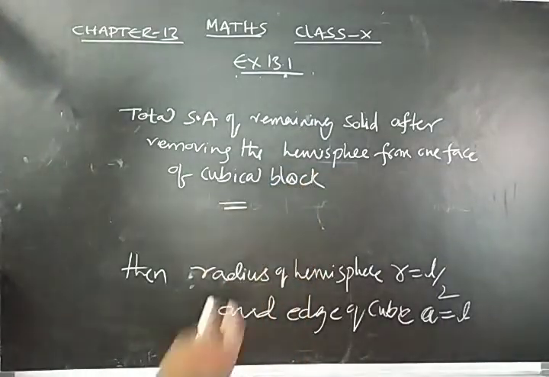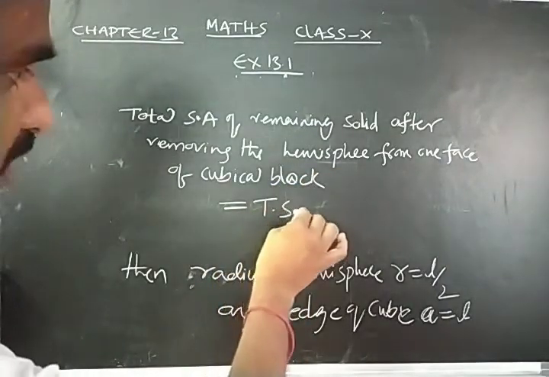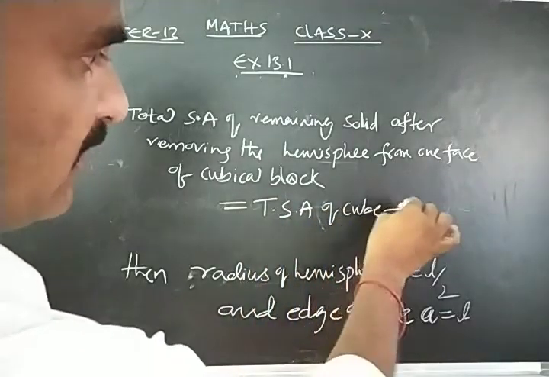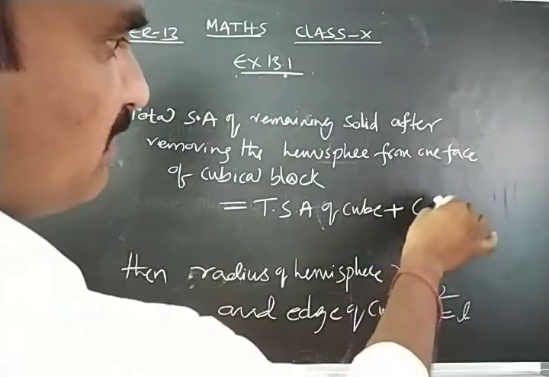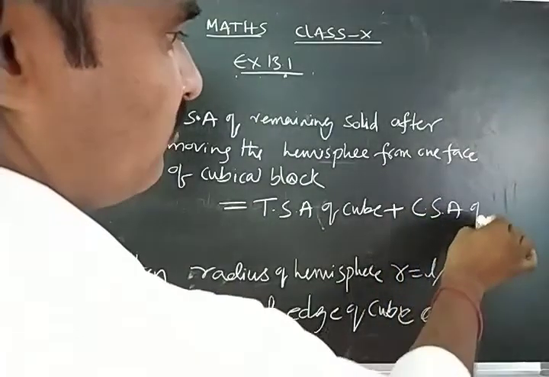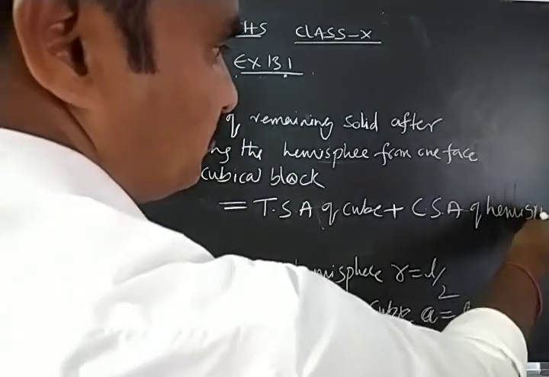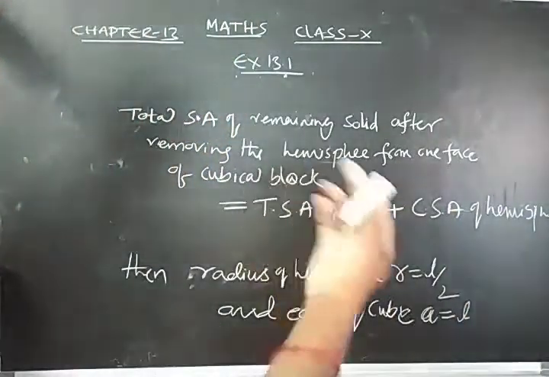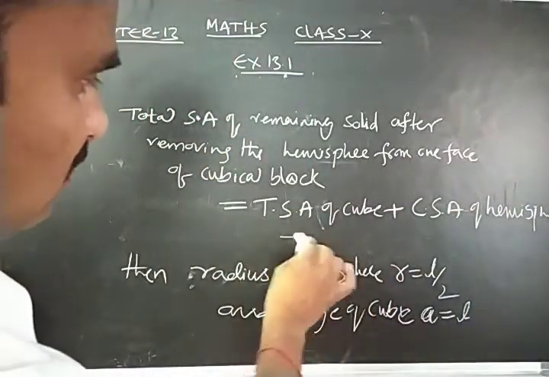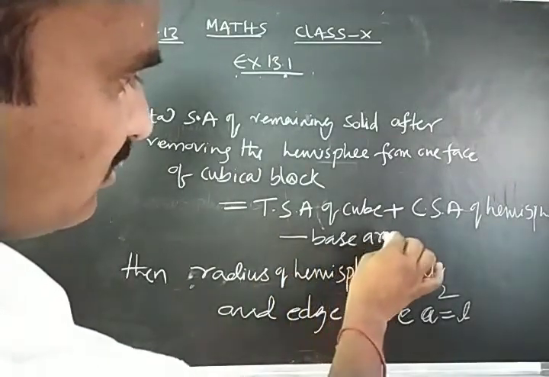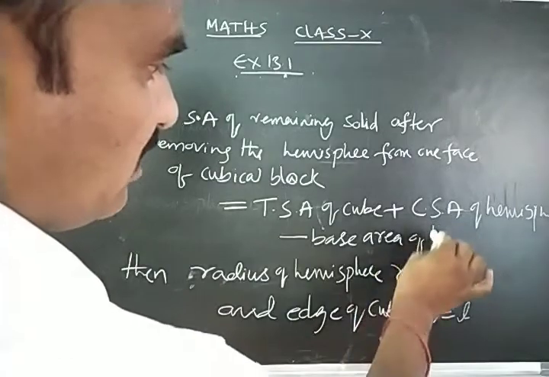That is equal to, first, the total surface area of the cube, plus the CSA of the hemisphere, then minus the base area of the hemisphere.